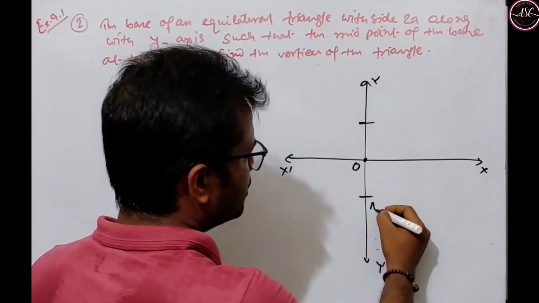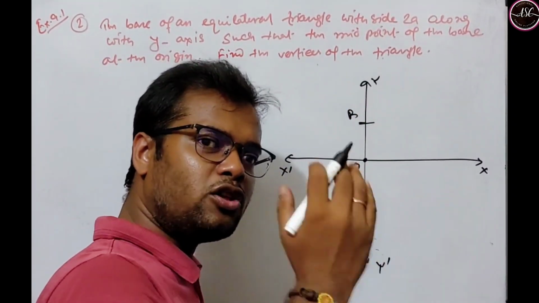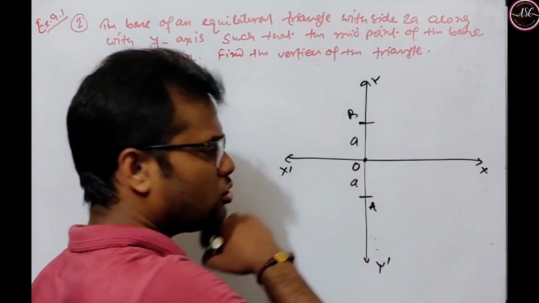Okay, so let this is A and this is B. Okay, as this total is 2a, length of this total AB line is 2a, then OB is equal to a and OA also a.